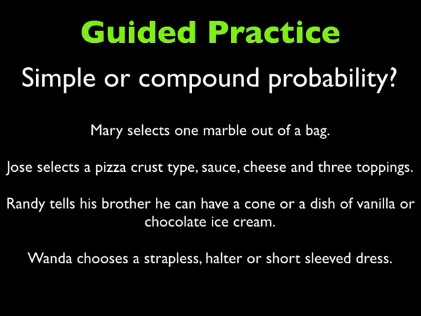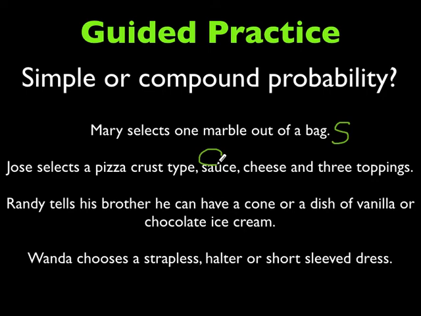For me, that is simple probability, because there's just only one event that you will do. There's nothing else. And Jose selects a pizza, crust type, sauce, cheese, and 3 toppings. That is compound probability, obviously.